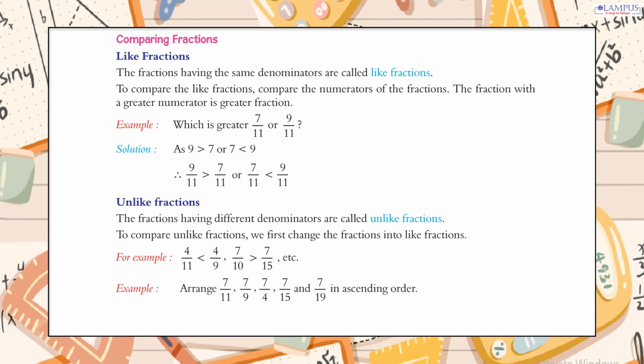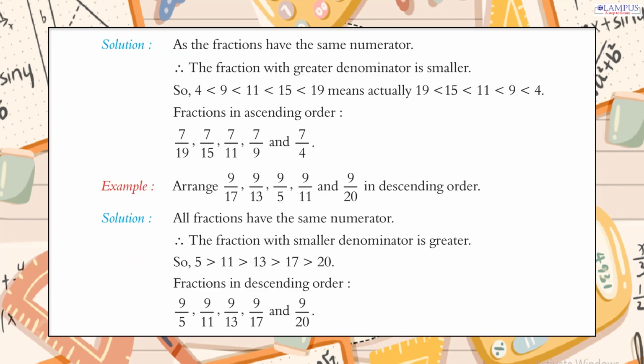Example. Arrange 7 by 11, 7 by 9, 7 by 4, 7 by 15, and 7 by 19 in ascending order. Solution. As the fractions have the same numerator, therefore, the fraction with greater denominator is smaller.